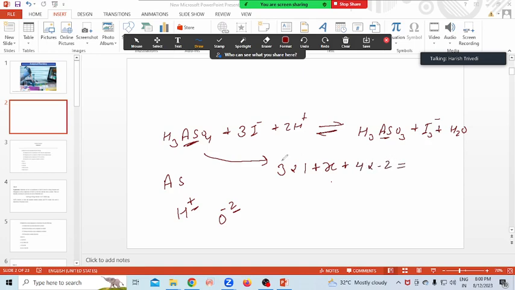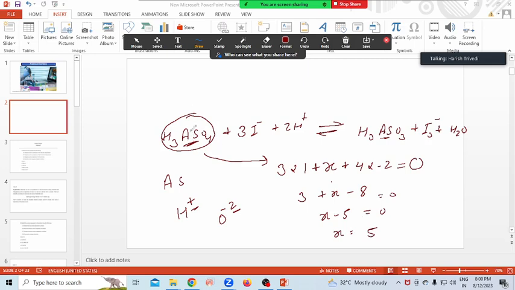The overall charge is 0, because this molecule is neutral. So 3 plus X minus 8 equals 0, then X minus 5 equals 0, or finally X is equal to 5.